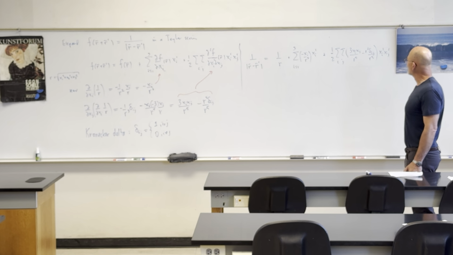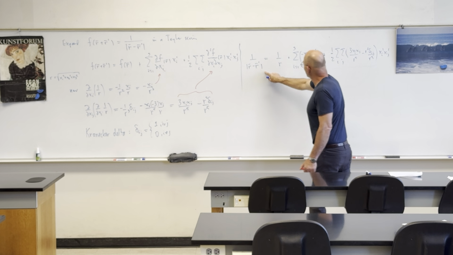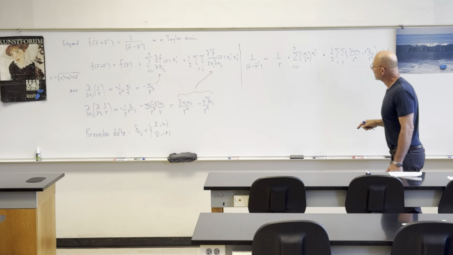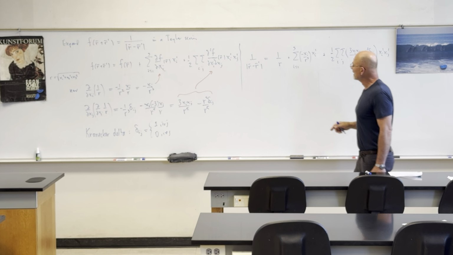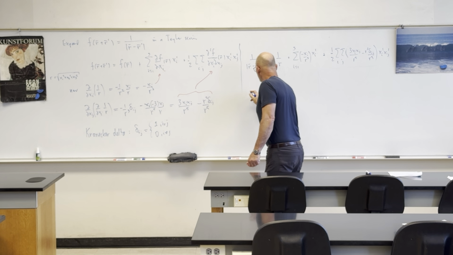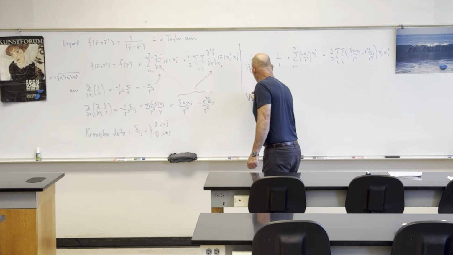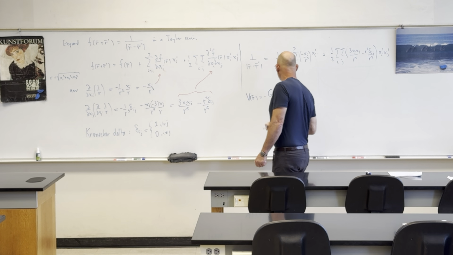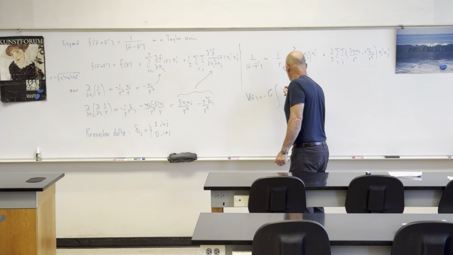Now we're going to take these 3 things here one at a time, okay? The first one, remember we have V of r equals minus G integral, I can just do the dm prime still.